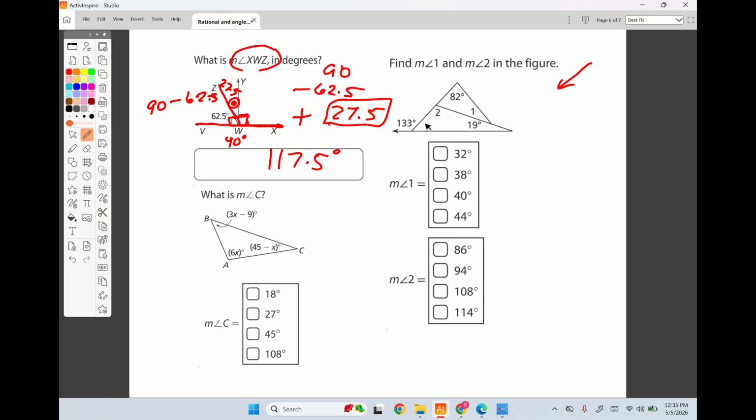Now you can subtract that from both sides, and then you know the measurement of angle 2 equals 114. So we already know the answer to the second question here.